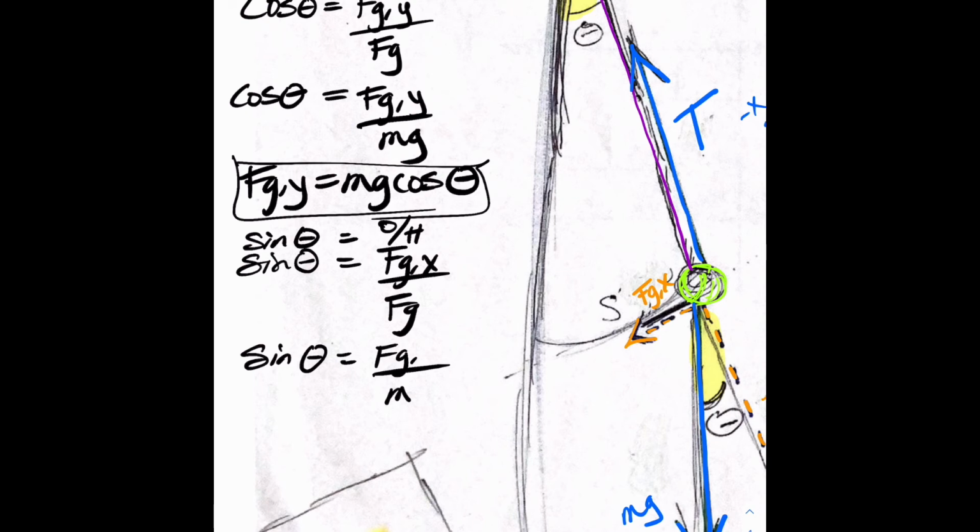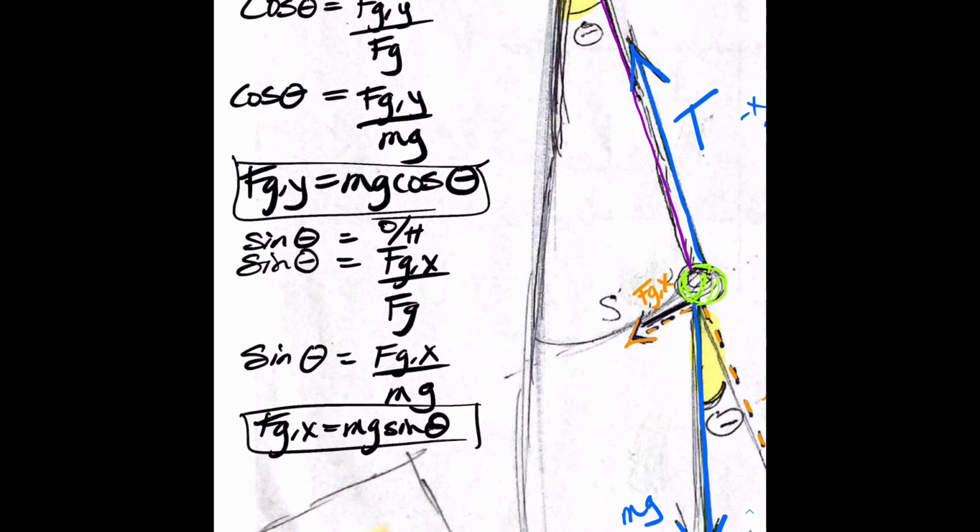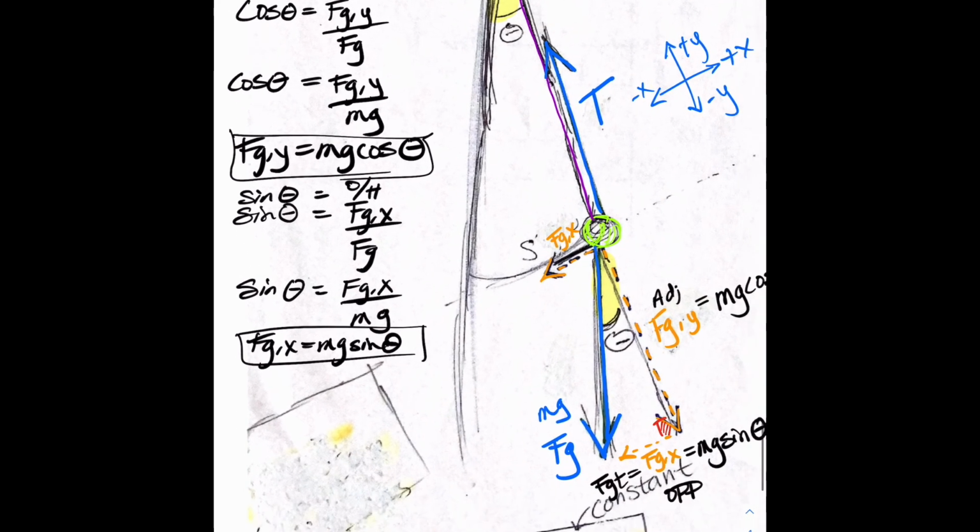Trying to go too fast. And then we can go ahead and say FGX equals mg sine theta. You don't want to make mistakes doing that stuff, and you have to remember how to do it because it's important for the AP test.